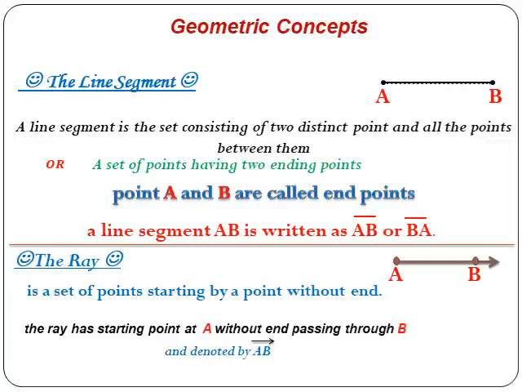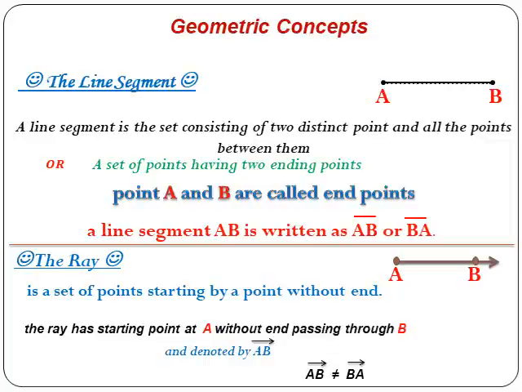Okay, mister, what if we do the opposite? If I write ray BA, is that correct or incorrect? Is ray AB equal to ray BA? Let's see. Ray AB is not equal to ray BA, because the ray here starts from A to B. Can I write BA ray? No, B here is not the starting point.